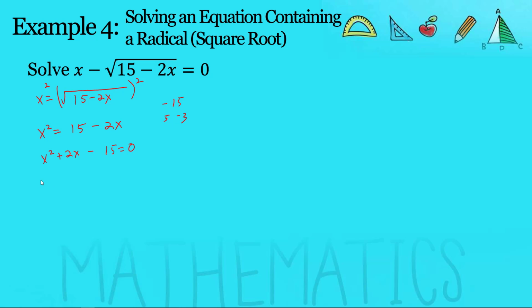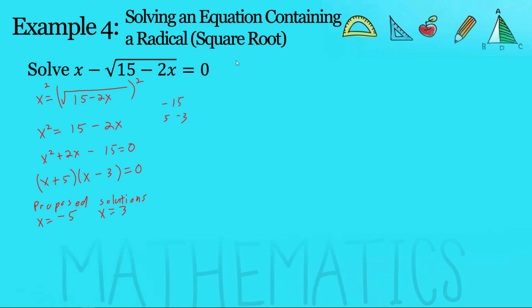So we can rewrite this as x plus 5 times x minus 3 is equal to 0. And if that's the case, then our proposed solutions are x is equal to negative 5 and x is equal to 3. Now we need to test these two.